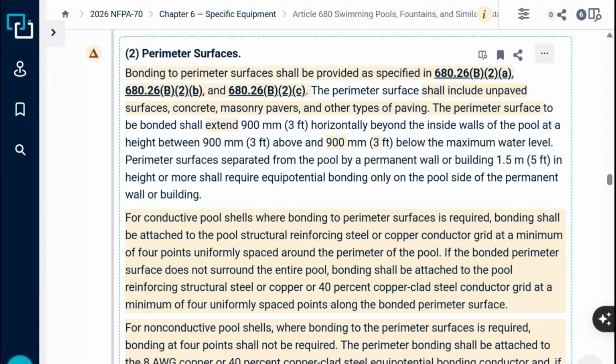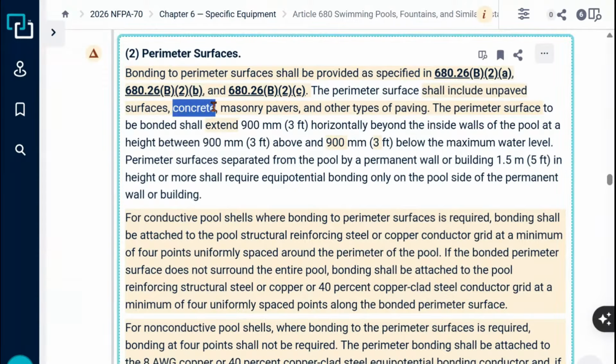It shall include unpaved surfaces, grass. Let's just say unpaved grass. It could be gravel, right? Correct. It's unpaved surface. Concrete, masonry pavers, and other types of paving could be around it.